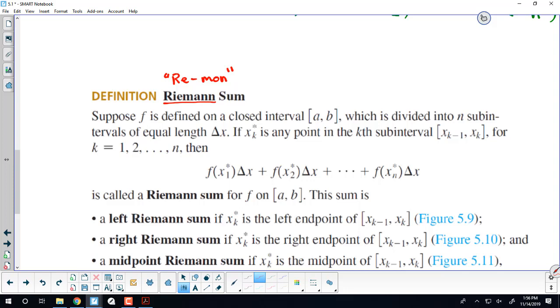Suppose we've got a function on a closed interval [a, b] divided into n subintervals of equal length, so this is delta x. Then if x star sub k is any point in the kth interval, or the kth rectangle, for k equals 1, 2, 3 all the way to n, then the area is approximately this sum right here that we just wrote out.